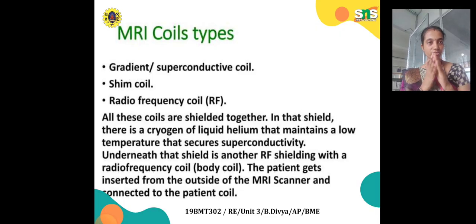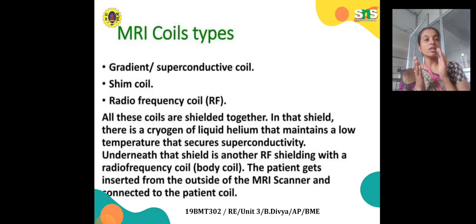We have three coils: gradient or superconductive coil, shim coil, and radio frequency coil. All these three coils are shielded together. In that shield there is a cryogen, liquid helium, which is coated to maintain the coils at a low temperature.